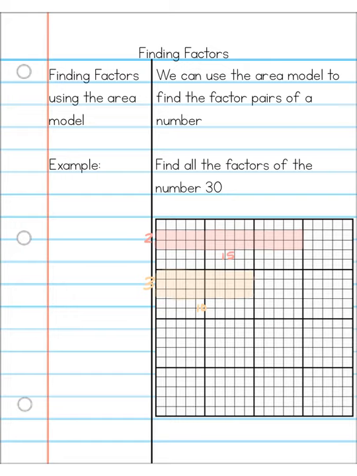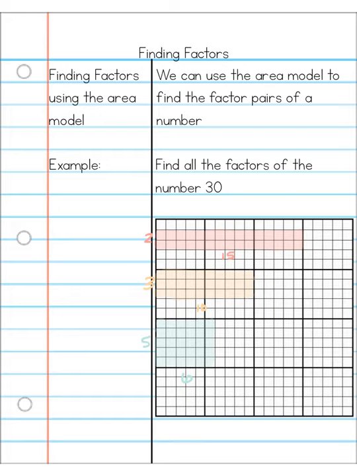I could also use 5 blocks of 6. So 5 times 6 is a factor pair.